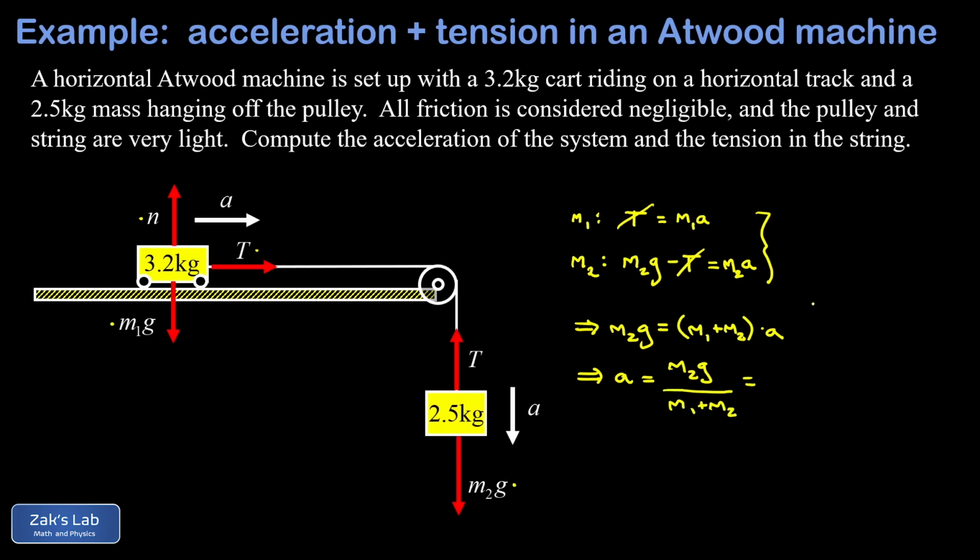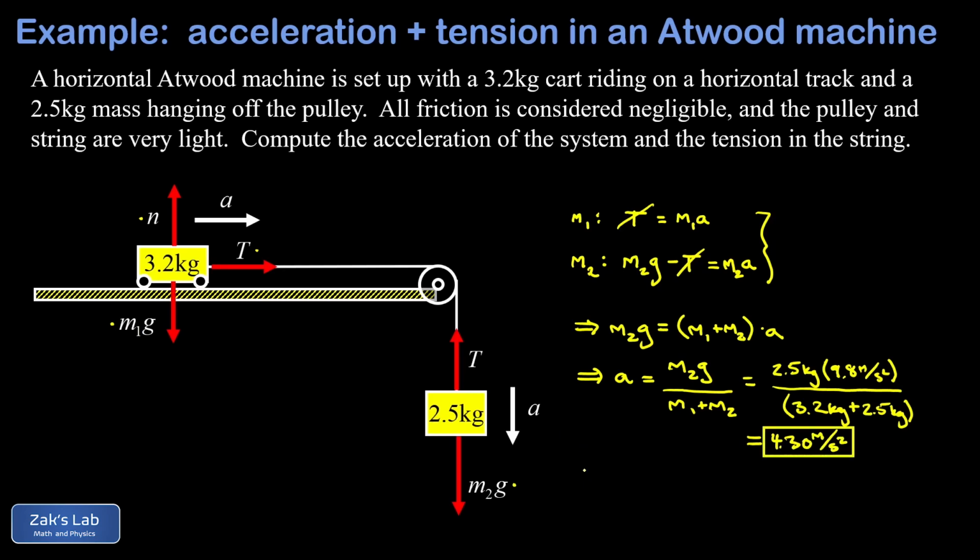So that's our general solution, and then we'll go ahead and plug some numbers in. M2, that was 2.5 kilograms. G, we're going to use the approximation 9.8 meters per second squared. M1, that was 3.2 kilograms. And again, M2 is 2.5 kilograms. And when we run the numbers on this to three significant digits, we end up with 4.30 meters per second squared.